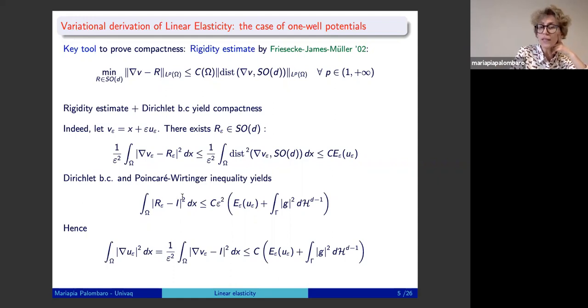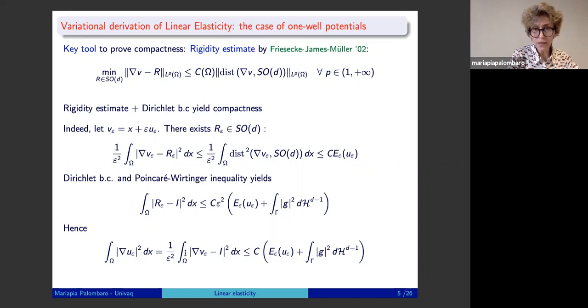So we are close to the identity matrix, and by writing the gradient of v epsilon as the identity matrix plus epsilon gradient of u epsilon, we get this. So compactness follows straight away. So the rigidity estimate turned out to be a crucial tool in the proof of compactness.